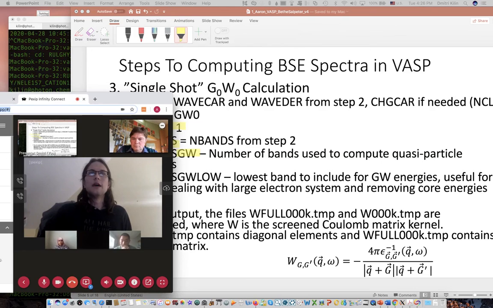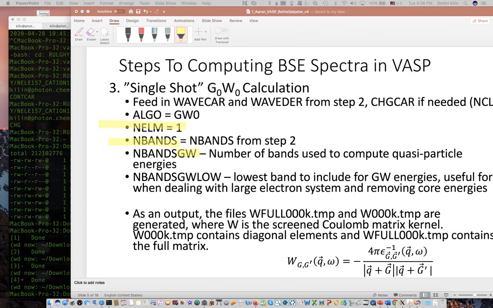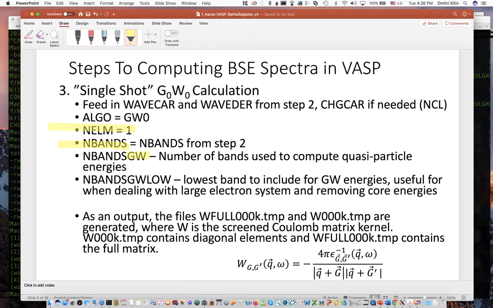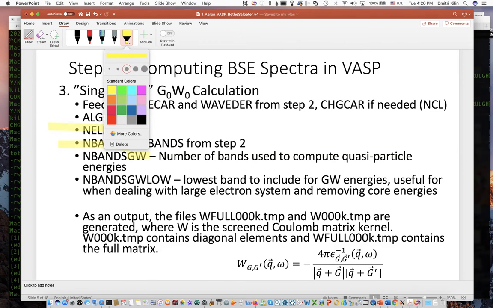And then NBANDSGW, like if you said do 16, calculate 16 energies, it will do 8 from the valence band, and then 8 from the conduction band. And so those are the main parameters to change in the INCAR to get this to run healthy.